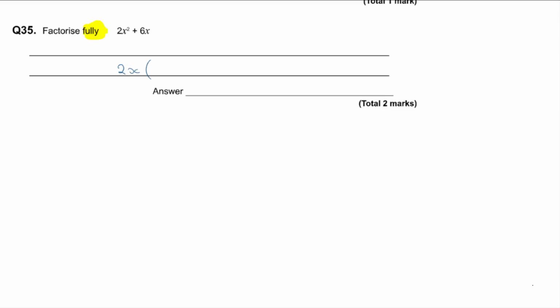So 2x out of x squared leaves x, and 2x out of 6x leaves 3. So it's 2x lots of x plus 3. If you partially factorised it to 2 lots of x squared plus 3x, can you see that the expression inside has both got x's in?